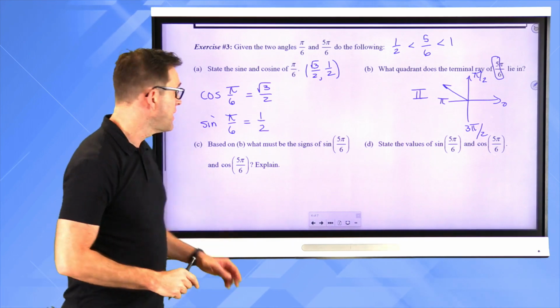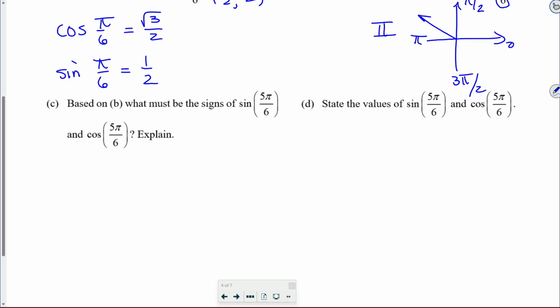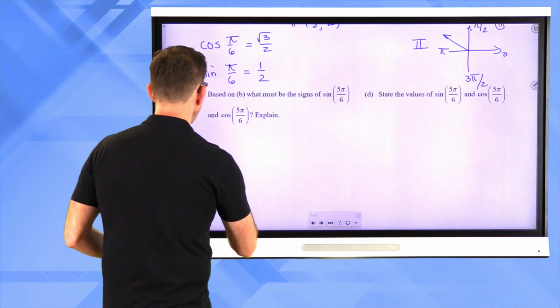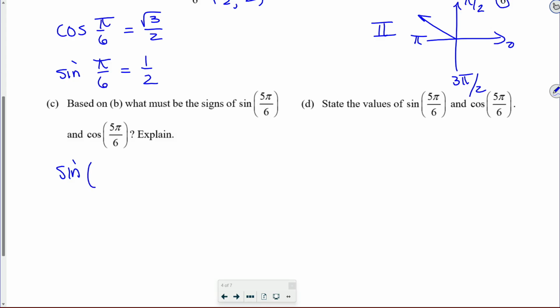All right, now letter C. Based on B, what must be the signs of sine 5 pi over 6 and cosine 5 pi over 6? Well, sine of 5 pi over 6 must be positive, because it's equal to the y-coordinate, and in the second quadrant, the y-coordinate is positive.